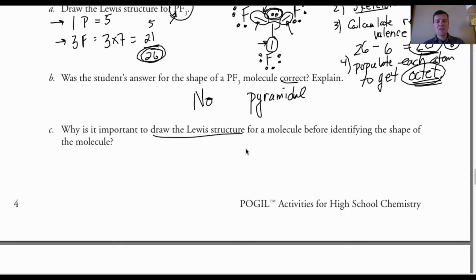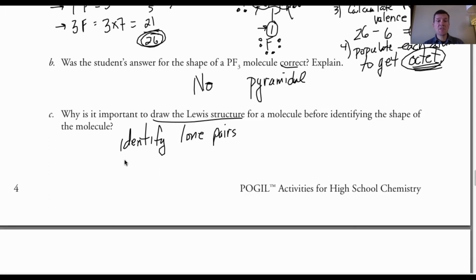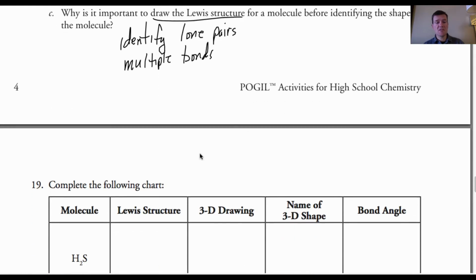So as mentioned, you got to draw the Lewis structure because you also have to identify lone pairs. And as you'll see also, it is going to help us identify multiple bonds, double or triple bonds, as you'll see in a little bit.